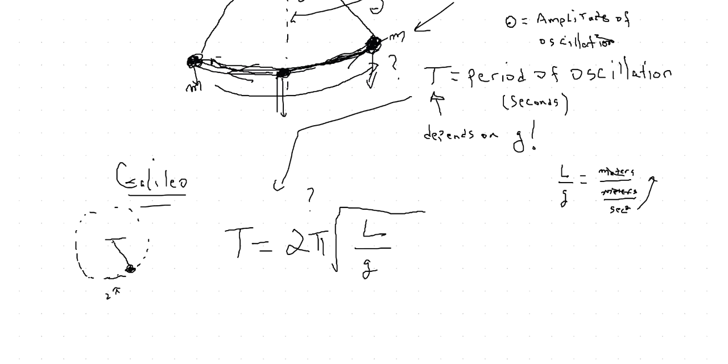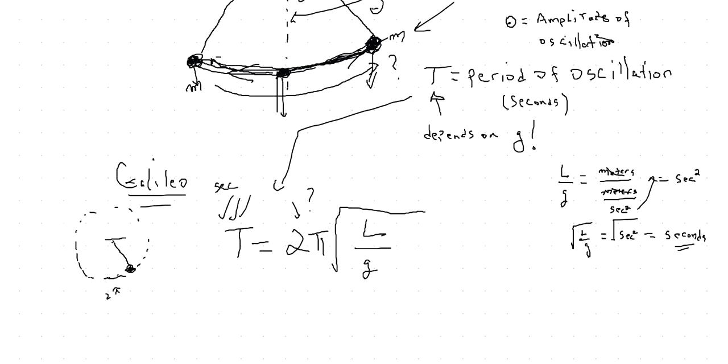So this has units of seconds squared. So if we take the square root of L over G, we get the square root of seconds squared. I'm just looking at units, right? Which is just seconds. So that makes sense because T should be in seconds. Remember, 2 pi has no units.